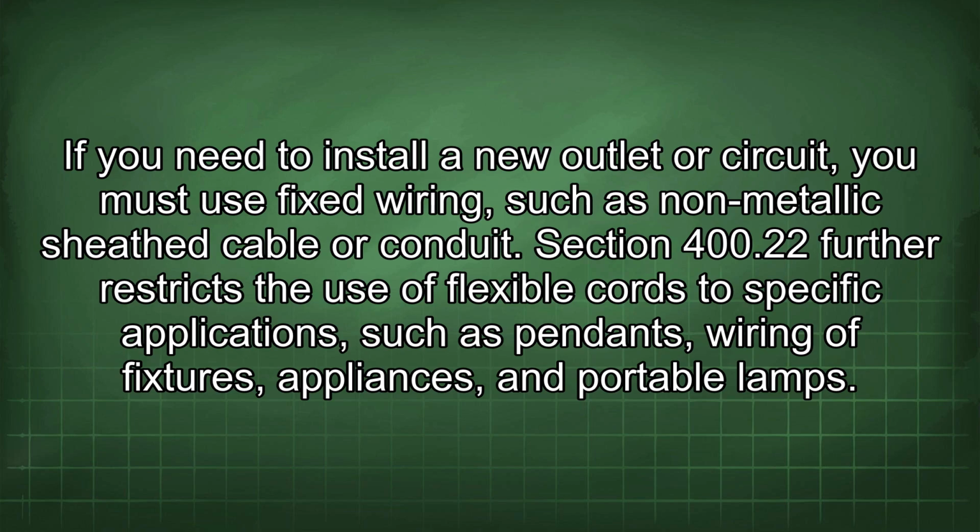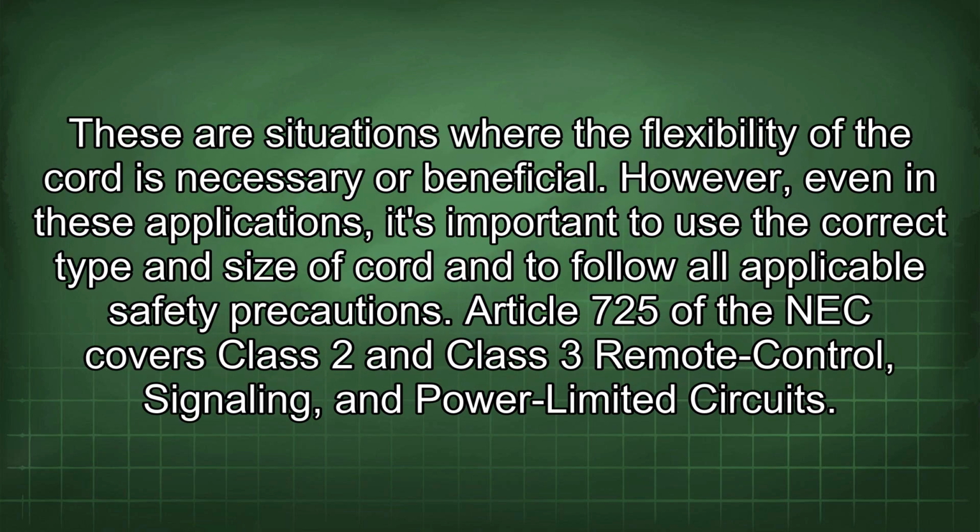Section 400.22 further restricts the use of flexible cords to specific applications such as pendants, wiring of fixtures, appliances, and portable lamps. These are situations where the flexibility of the cord is necessary or beneficial. However, even in these applications, it's important to use the correct type and size of cord and to follow all applicable safety precautions.